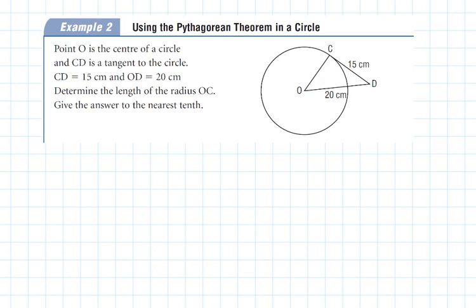They say the length CD is 15 centimeters. The length OD is 20 centimeters. Determine the length of the radius OC. So what we're looking for is this radius right here. What is the measurement? We don't know at this point. I put a question mark there at the length. Give the answer to the nearest tenth.